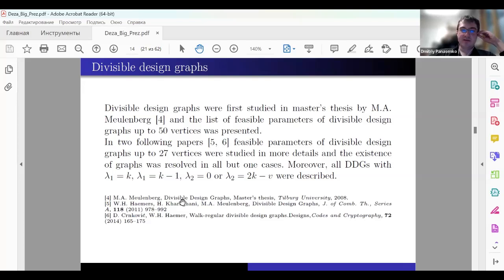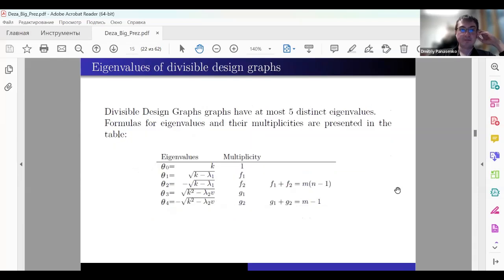All DDGs with lambda 1 equals k, lambda 1 equals k minus 1, lambda 2 equals 0, or lambda 2 equals 2k minus v were classified. So later, when I talk about some results on enumeration, I will not show the results for these parameters because they are completely classified.